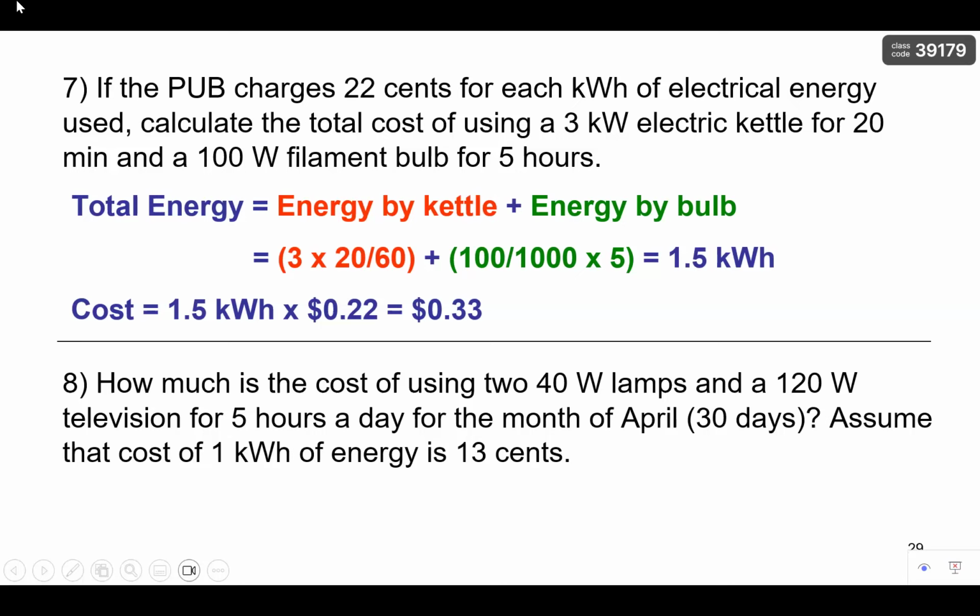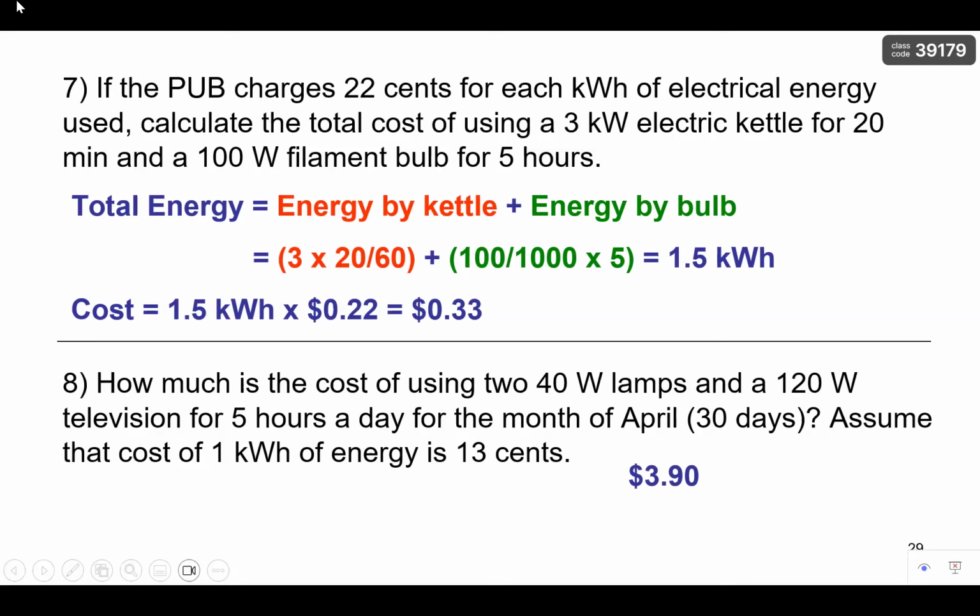The first step, again, I'm going to calculate the total amount of energy being used by the lamp and the television. So the total power used by both is 2 times 40, which is 80, plus 120 is 200 watts. So I have 200 watts, converted to kilowatts is 0.2 kilowatts, times 5.